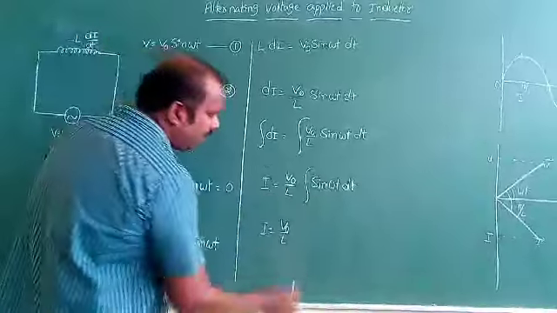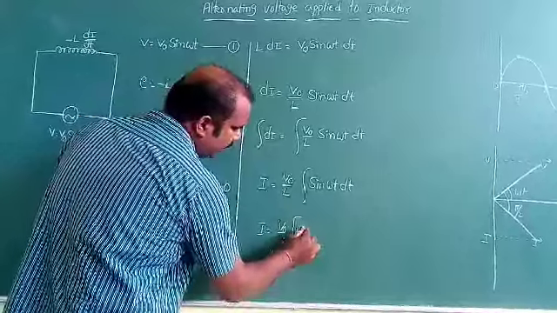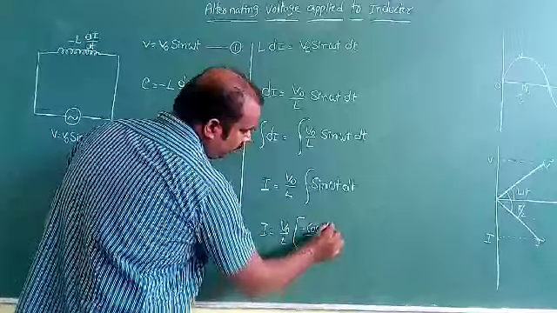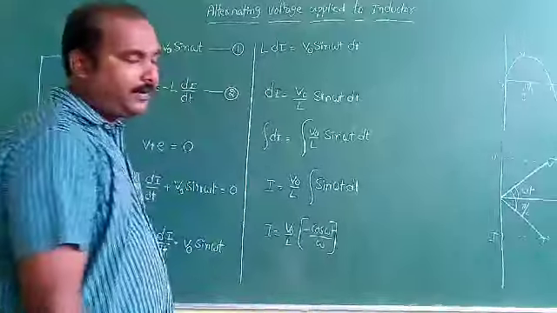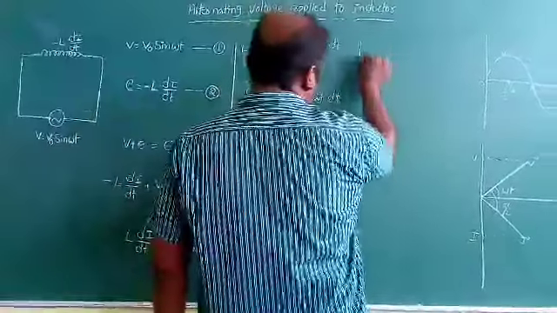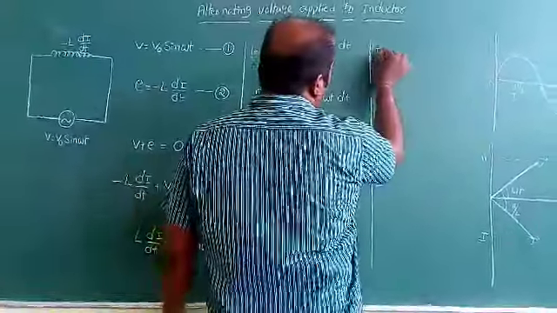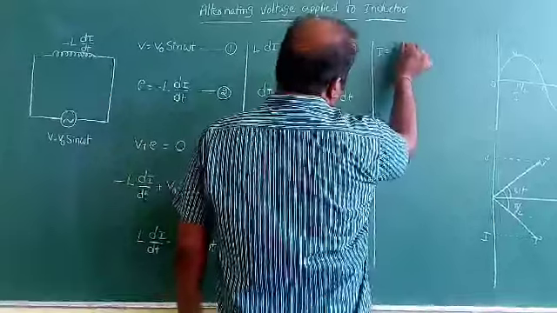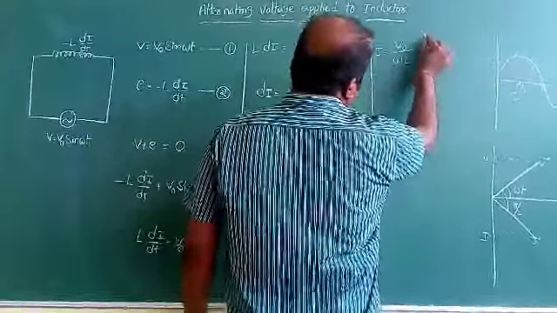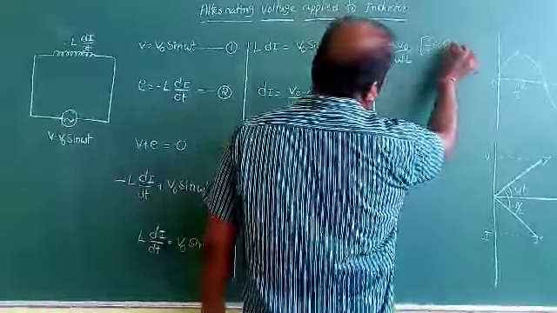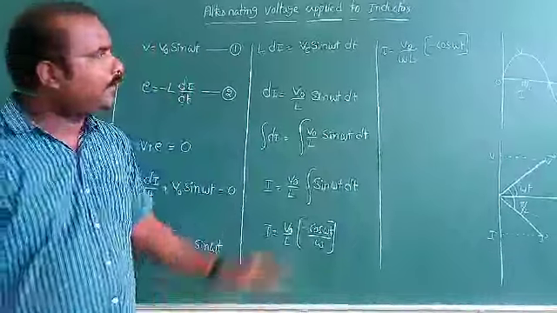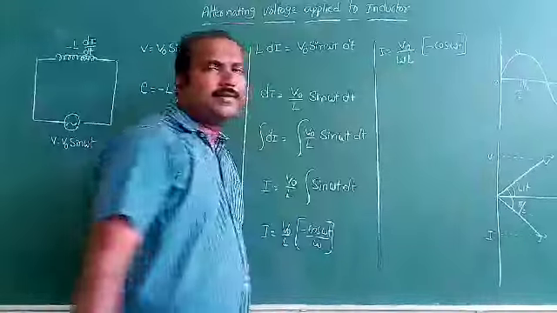The integral gives minus cos omega t by omega. Taking omega out, I is equal to V naught by omega L times minus cos omega t. That minus cos omega t I can write as sin of omega t minus 90.